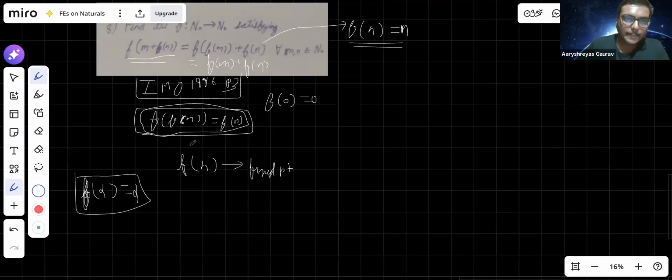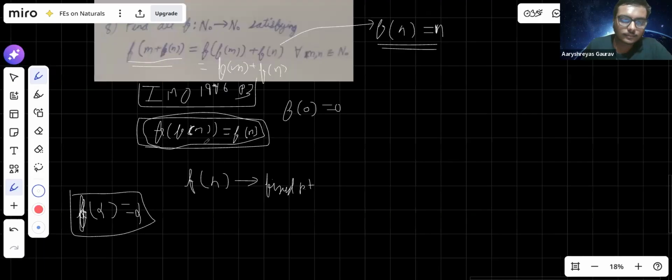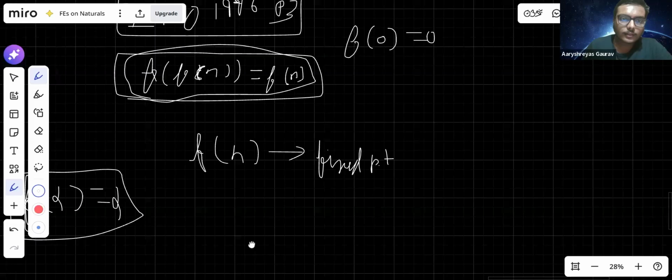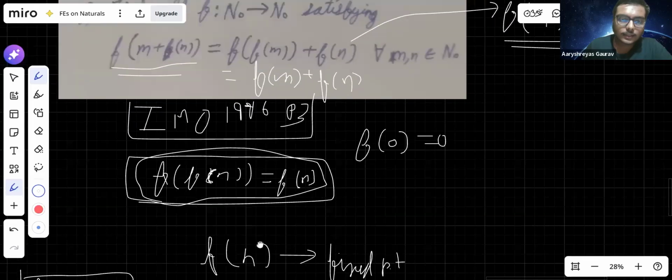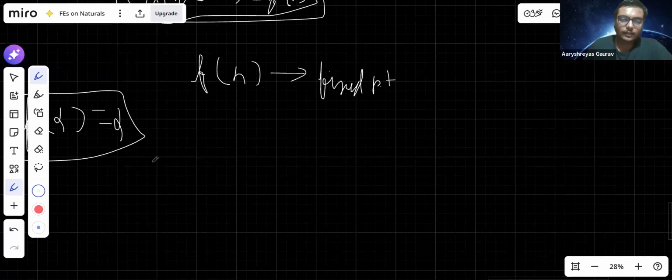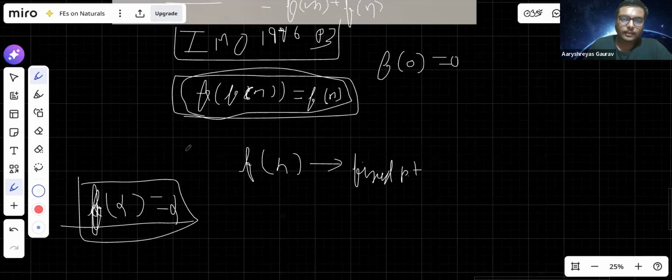The interesting fact in here is that, wait a second. Let's assume there's another fixed point alpha.